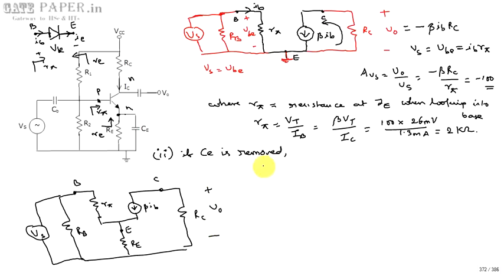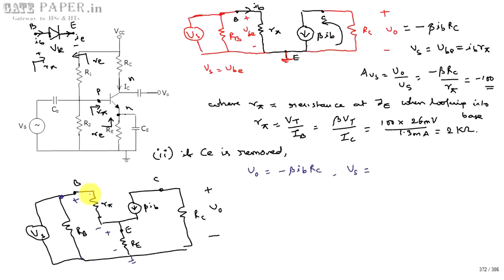V naught can be written as minus beta times IB into RC, because the same current beta IB flowing in the collector is also flowing through this RC. Now Vs is the voltage from base to ground, which is the voltage across r_pi plus the voltage across Re.